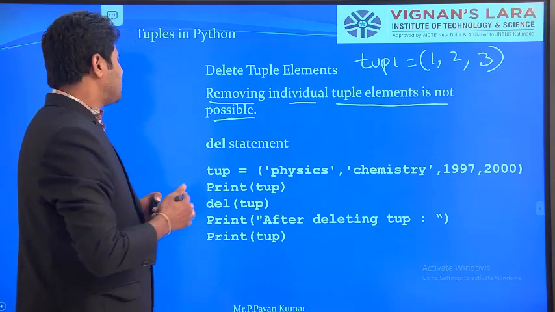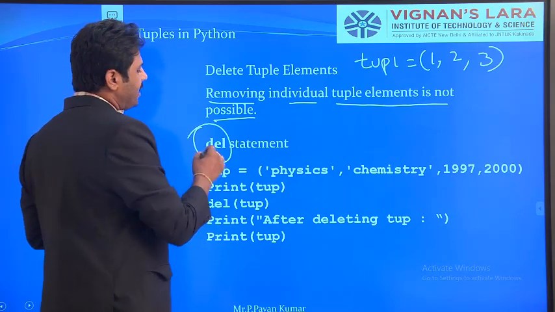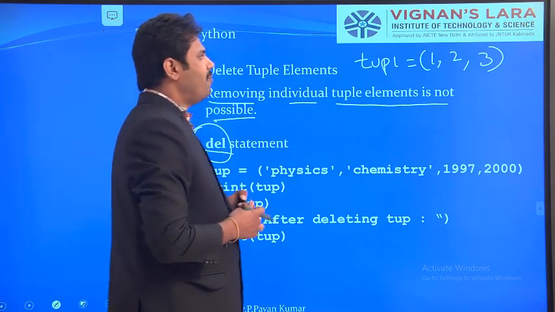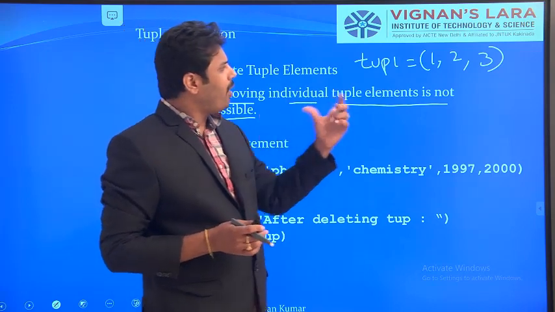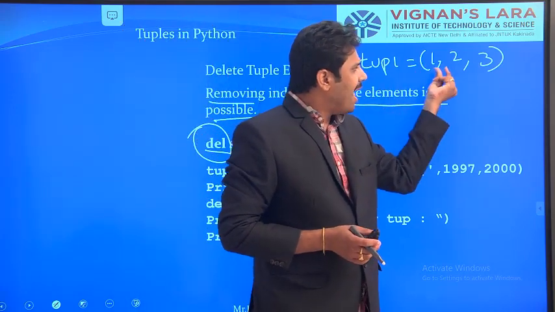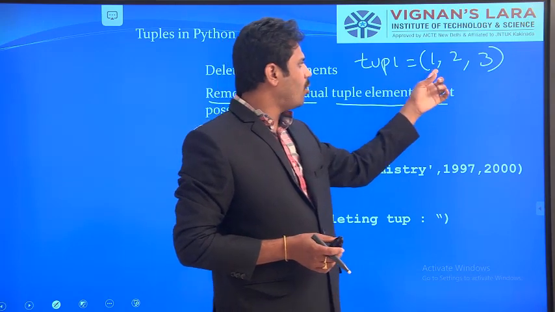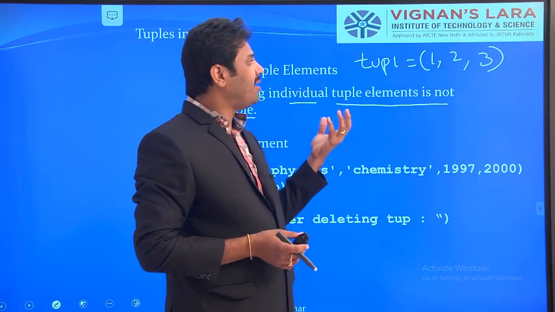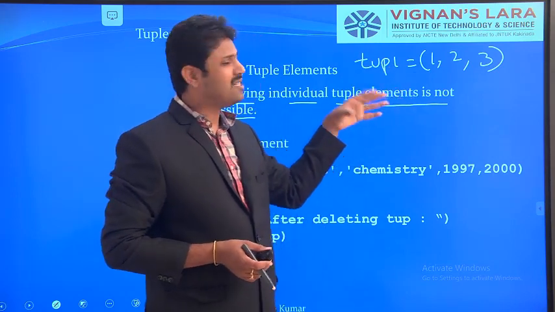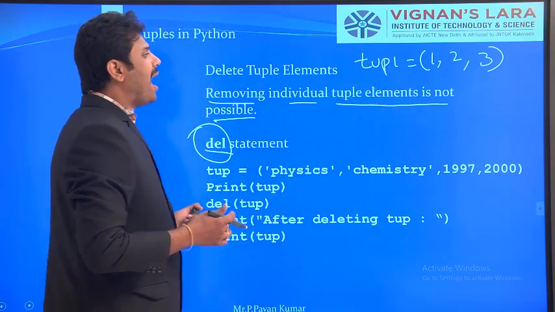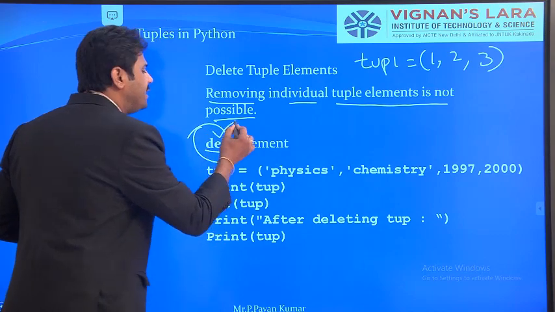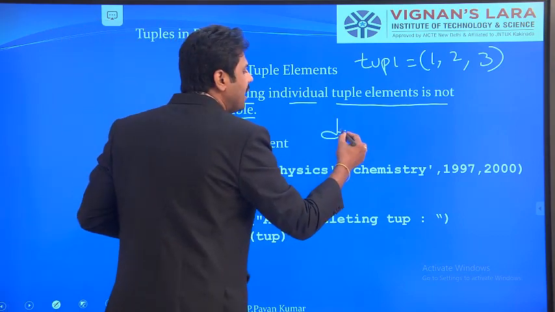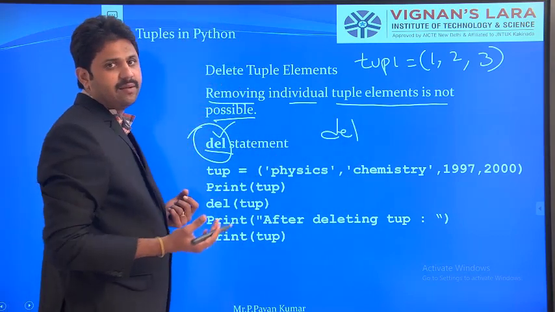Okay. Next, we have the del statement. For example, you cannot delete the individual data elements. That means you can't delete 1, 2 or 3 individually, or insert new elements like that. But you have an option of del. What is del? It is nothing but delete.